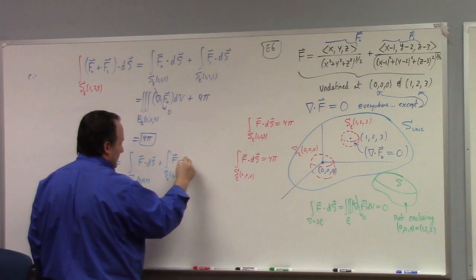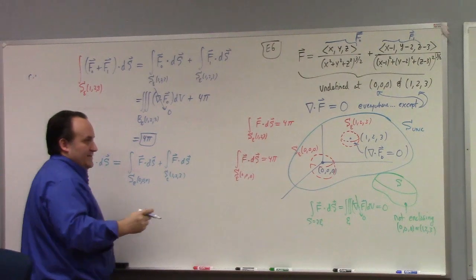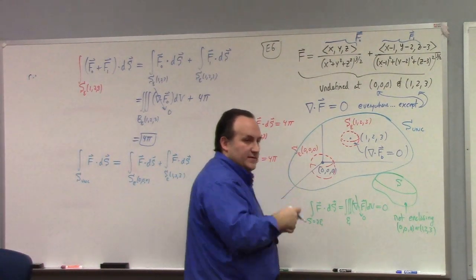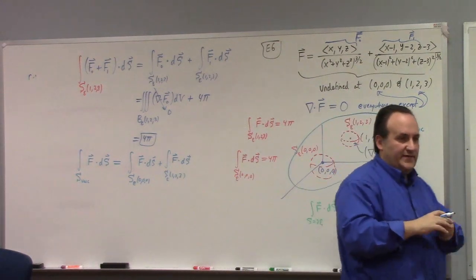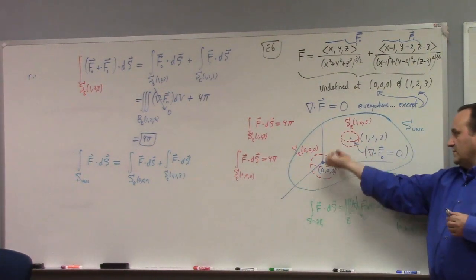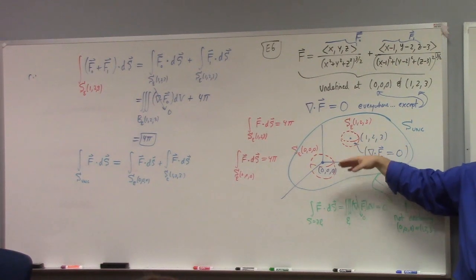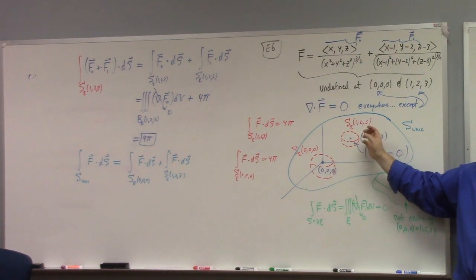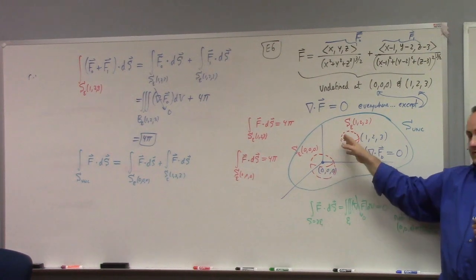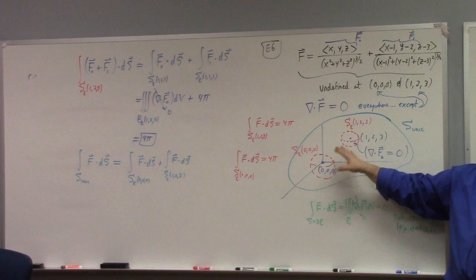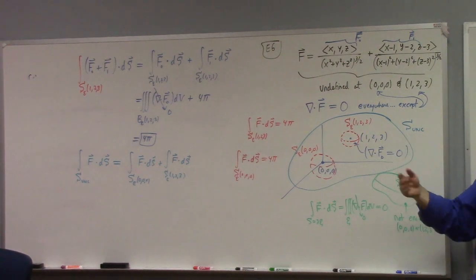The vector field is not defined on the entire interior region bounded by the UNC surface, but if I punch out these little holes, then the vector field is well-defined everywhere except where it's got division by 0, and we already know that the integral around these is 4 pi each. So by the deformation theorem, the integral around the UNC surface is 4 pi plus 4 pi, which is 8 pi.